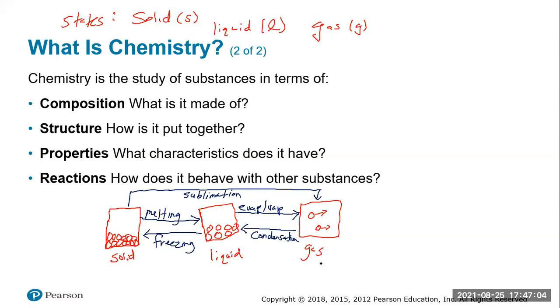We could also go the opposite way. If we have a gas molecule, we could skip the liquid and bring it back to the solid state. That is what is known as deposition, like you're depositing something on it. I assume most of you are old enough to remember CDs and DVDs before we stream things.